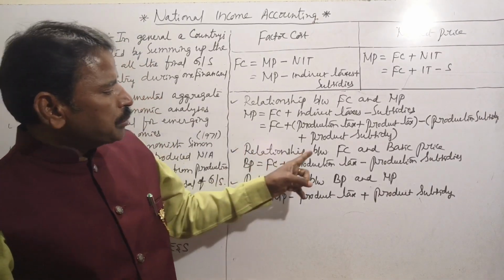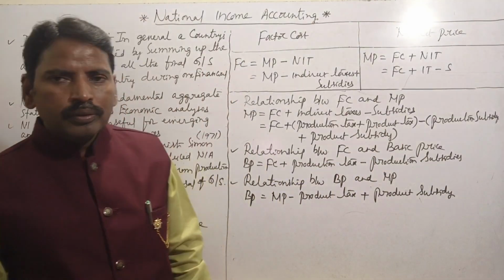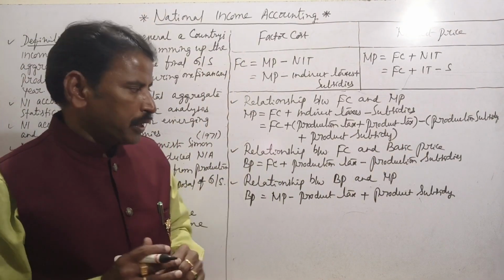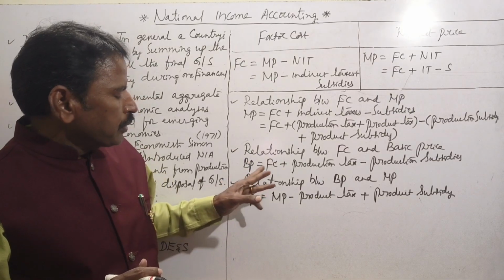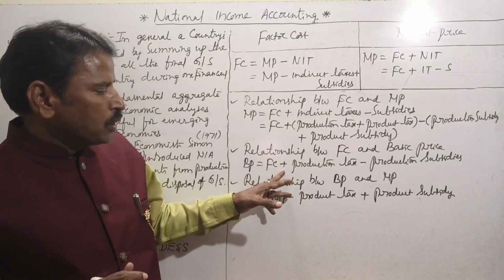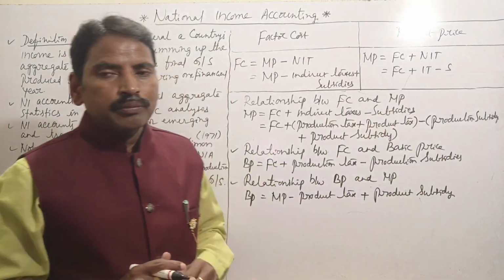Next, relationship between factor cost and basic price. Basic price, not market price. Basic price is equal to factor cost plus production tax minus production subsidies.